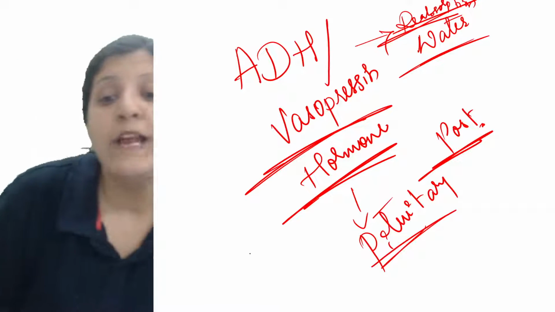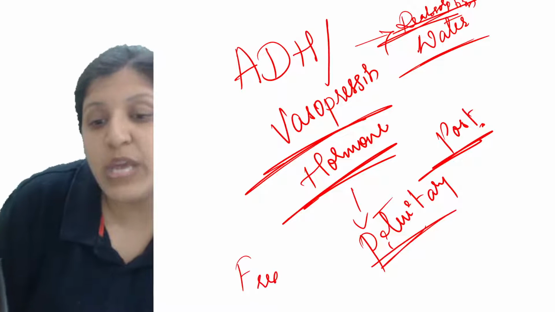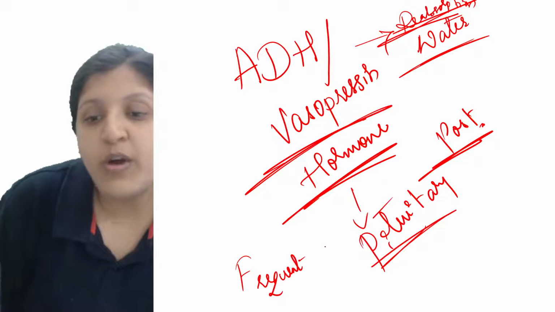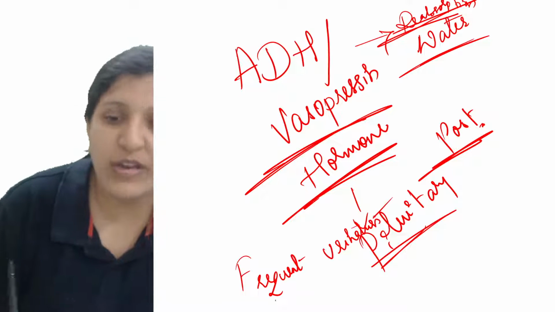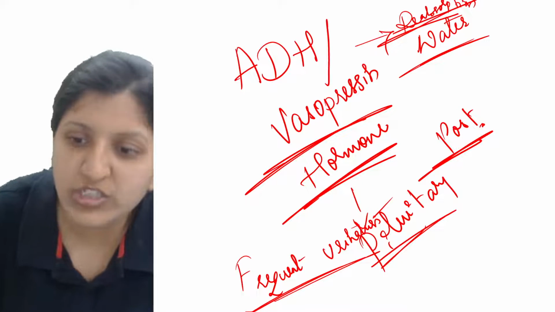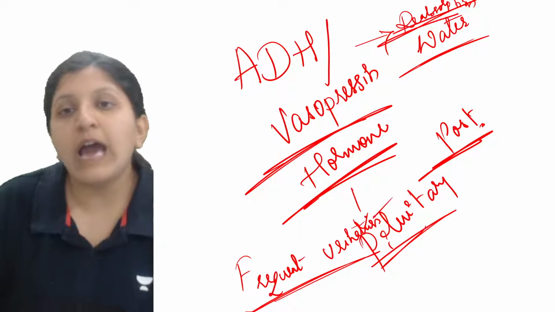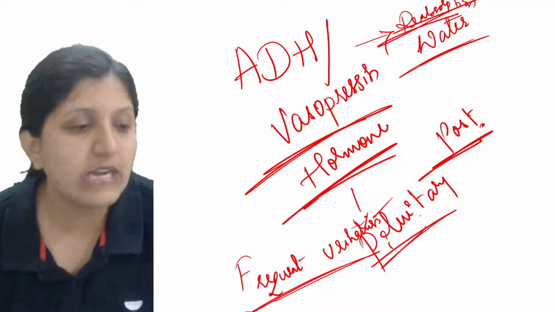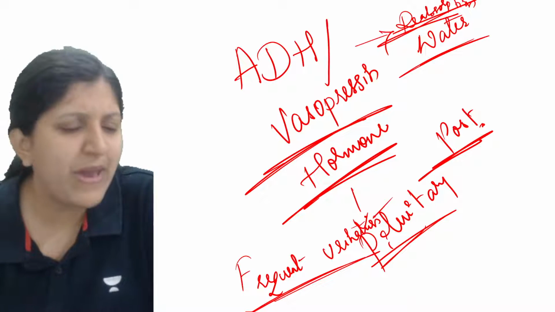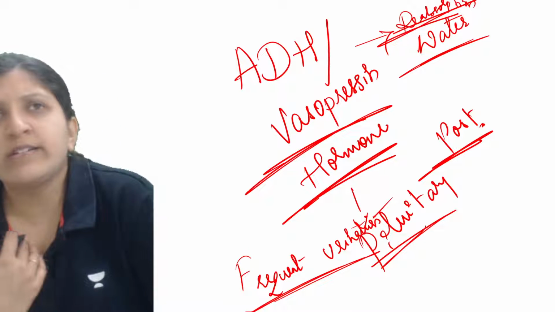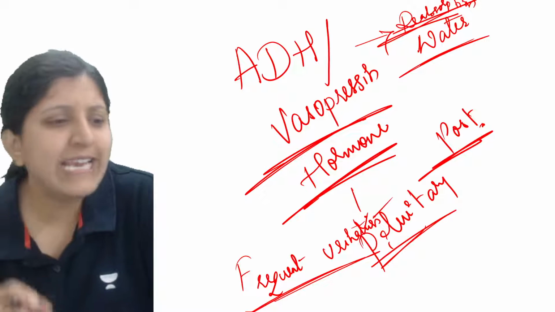So in that case, you can find there is frequent urination, which will basically be dilute urine. Other than that, this condition is brought about by a lot of beverages, or by reduced ADH secretion.